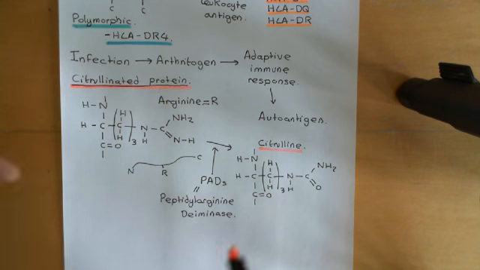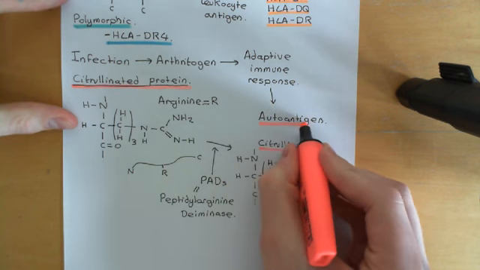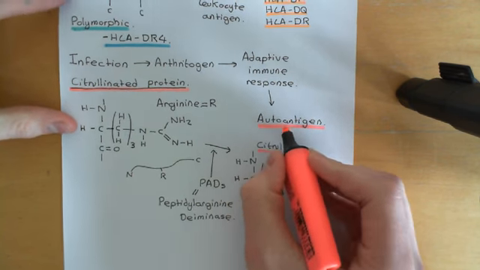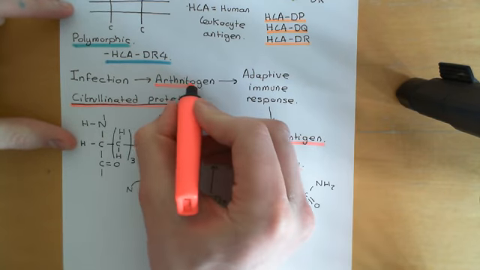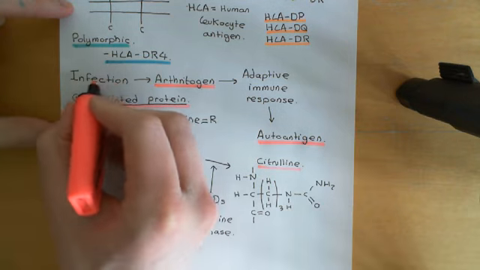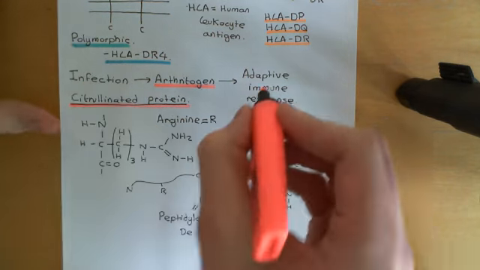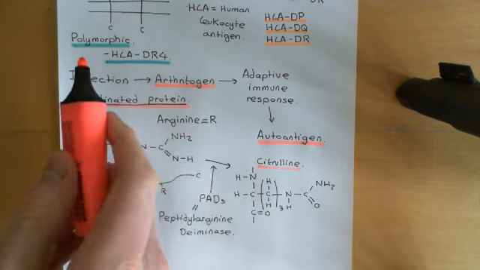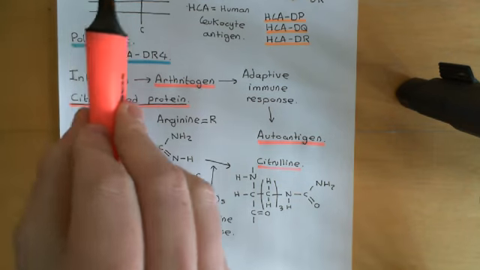We think that the autoantigen in the joints, whatever it is, is a citrullinated protein, and that the arthritogen, which triggers the initial adaptive immune response brought in by a pathogen, is a citrullinated protein.